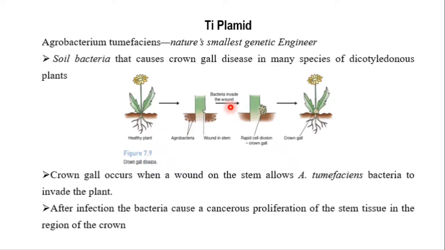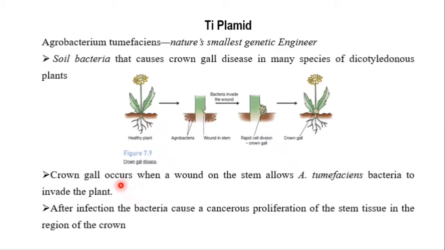That means prokaryote to eukaryote gene transfer can occur in the case of Agrobacterium tumefaciens, and this soil bacterium causes a disease called crown gall disease in dicotyledonous plants.